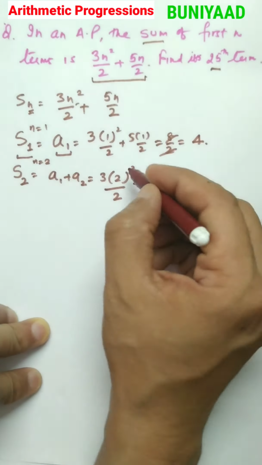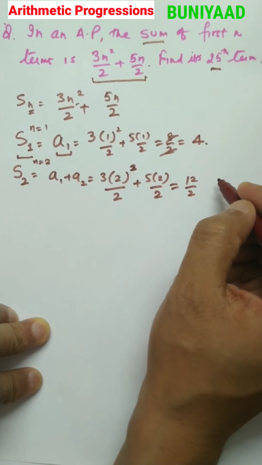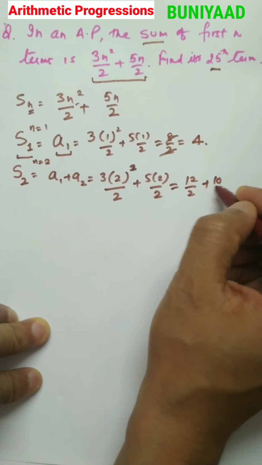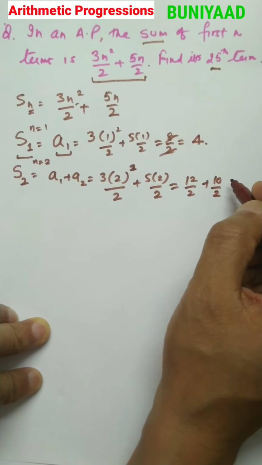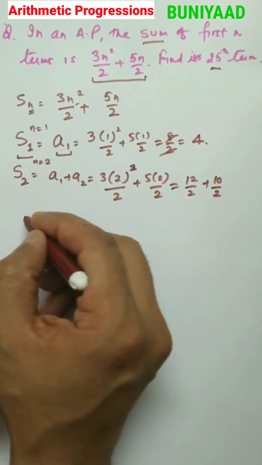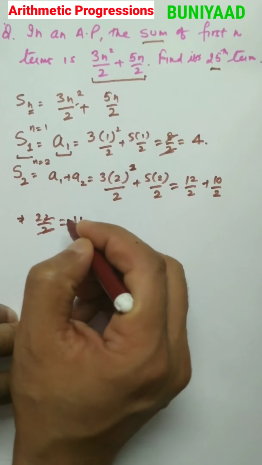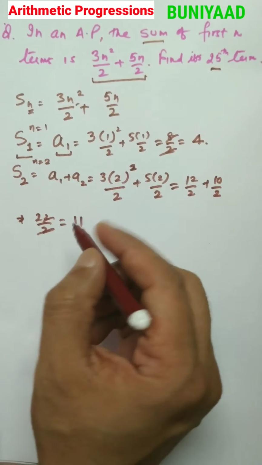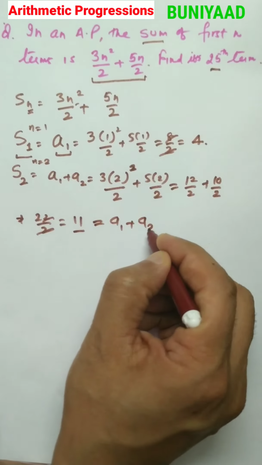So this becomes 2 square 4 into 3, 12 upon 2 plus 10 upon 2, right? So this comes 22 upon 2, that is 11. What is this 11? This 11 is A1 plus A2.